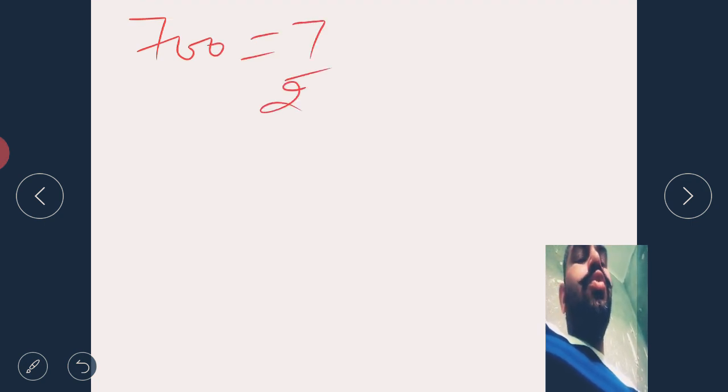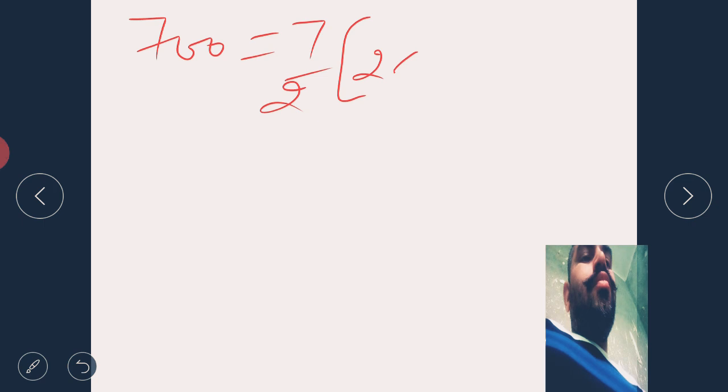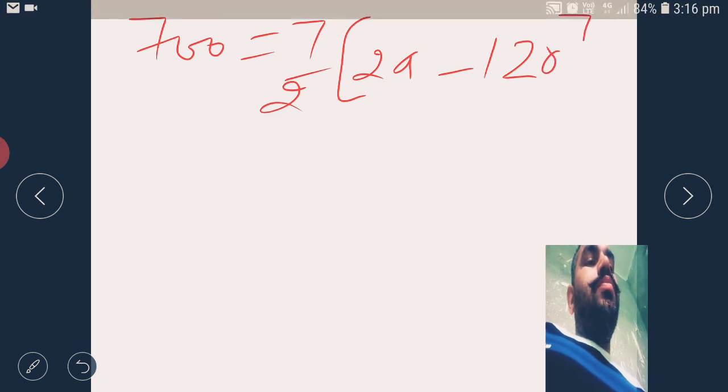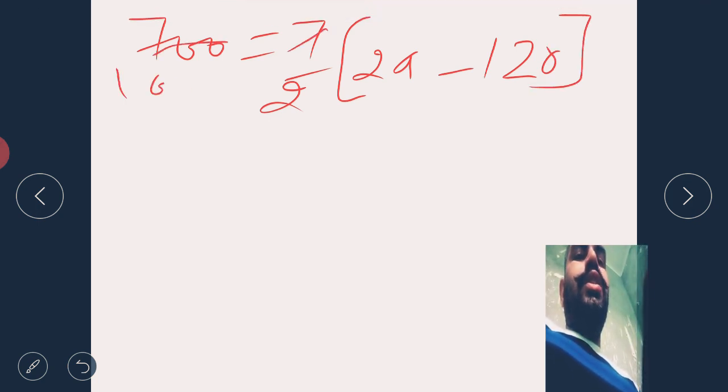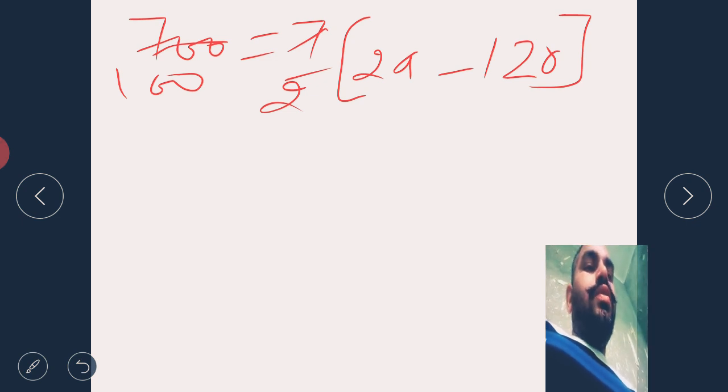So we can say that 700 is equal to 7 by 2 into 2a minus 6 into 20, minus 120. So 7 is cancelled out with 7, under this is 100, and 2 is taken out from this common.